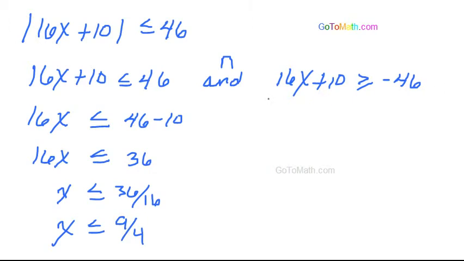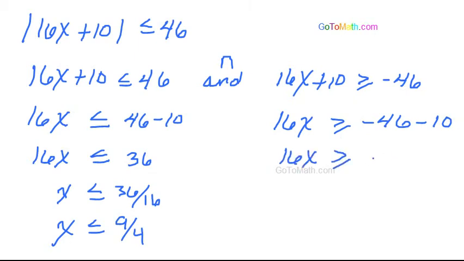Now let's work on this side over here. So we have 16x is greater than or equal to negative 46, and of course we are subtracting 10 from both sides. Is that what I did here? Yeah, making sure. Okay, and so we end up with 16x is greater than or equal to negative 56, and x is greater than or equal to negative 56 over 16, bringing the 16 diagonally down, and of course we'll want to reduce that down.